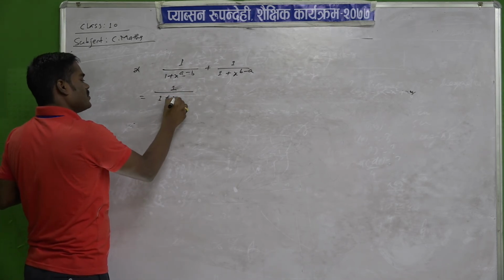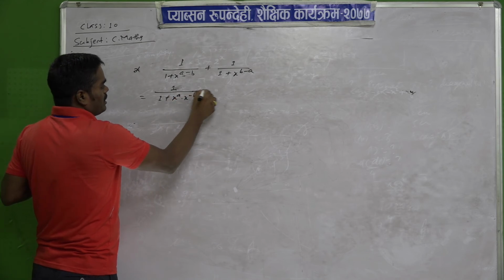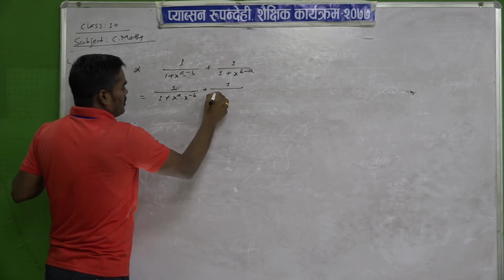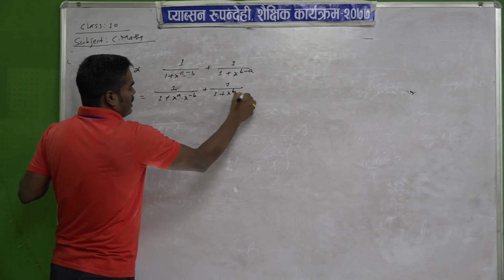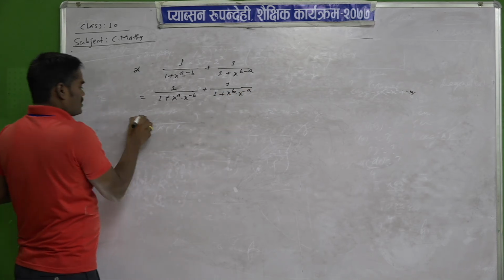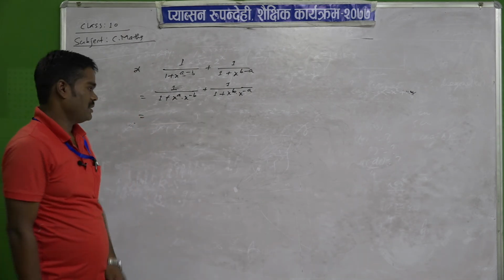So separate the base. So we can write x power a into x power minus b, and likewise here also 1 plus x power b into x power minus a. So now here negative power is here, so we have to make it first positive.